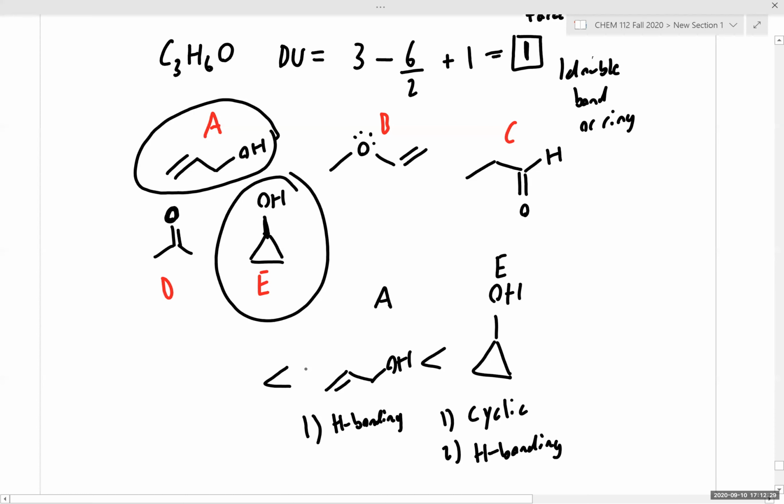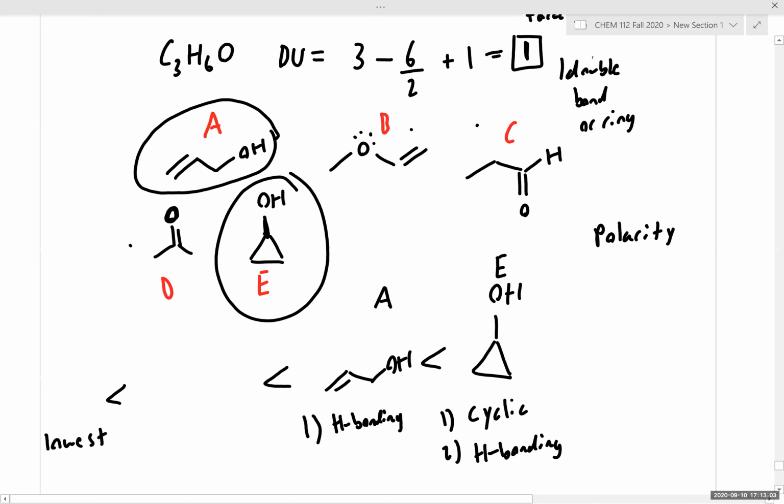Now, rather than filling out the middle, what would be the substance with the lowest boiling point? So when we're comparing B, C, and D, the question that we need to consider is polarity.